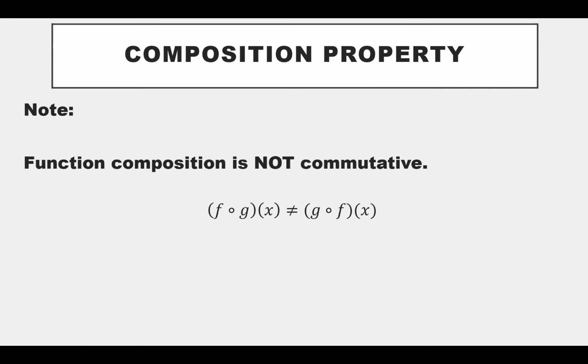Now, I hope that we all noticed that when we did function composition, it was not commutative in our previous example. So in general, function composition is not commutative. When we did f of g of 5, we got 68. When we did g of f of 5, we got 120.